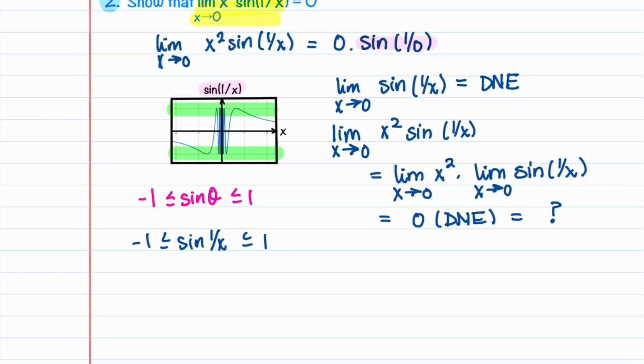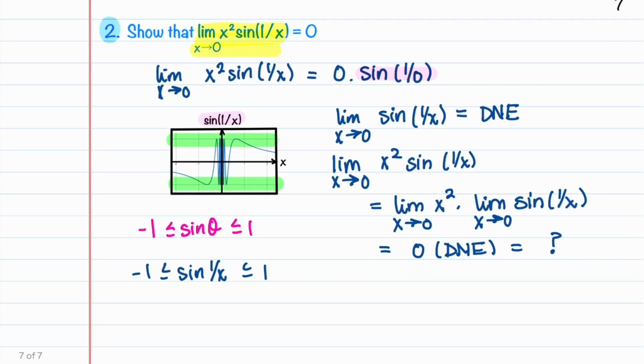And that expression sets us up to be able to use the squeeze theorem. The limit that we want to evaluate is x squared sine 1 over x. So I'm going to take this expression that we just wrote down and multiply each of the three terms by x squared. We get minus x squared less than or equal to x squared sine 1 over x less than or equal to x squared.